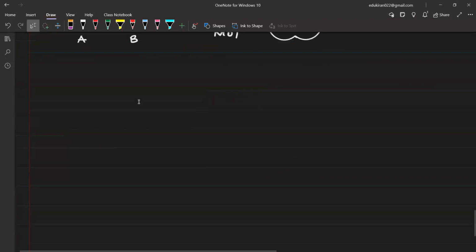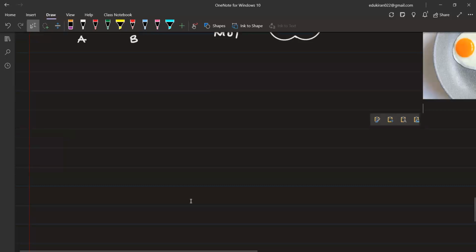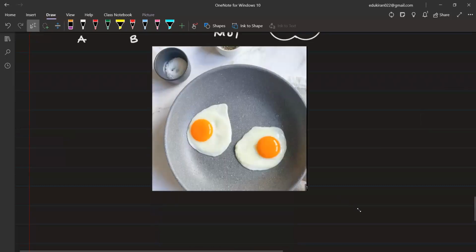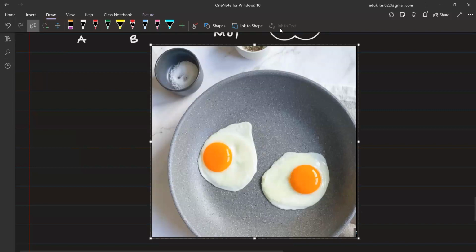Guys, this type of egg is known as sunny side up. So what do you call it? Mariam, what do you call this type of egg? I don't call it anything. You don't call it anything. Suppose you want to eat this, not an omelette, then what will you order?